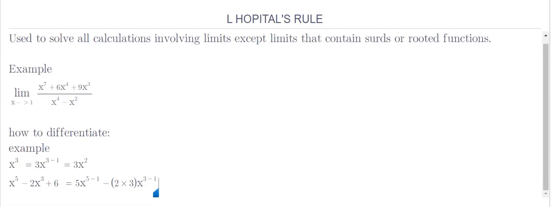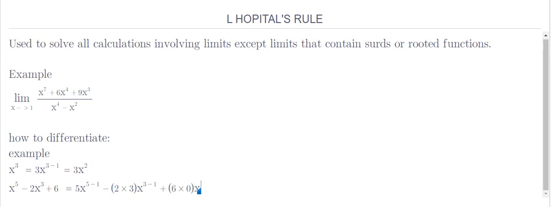Then the next one there is plus 6. The 6 has an x, but our x is to the power 0. So bring the power of x down. It is 6 multiplied by 0. Write the function, which is x. Then it is raised to the power 0 minus 1.